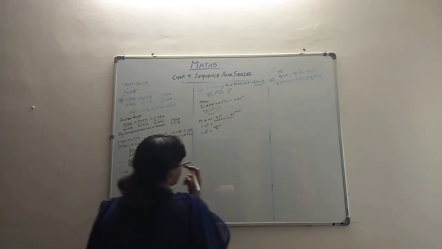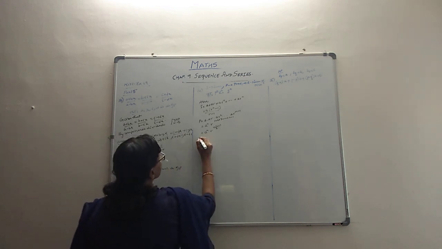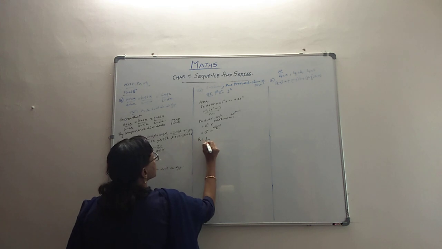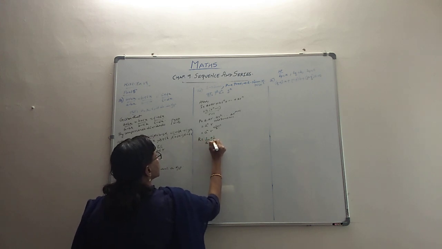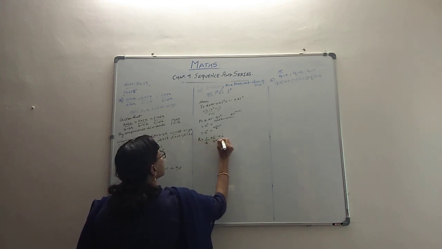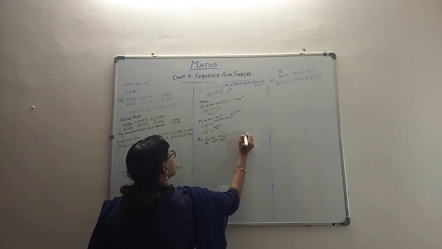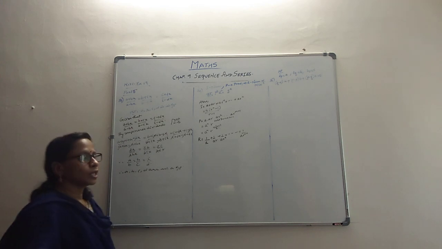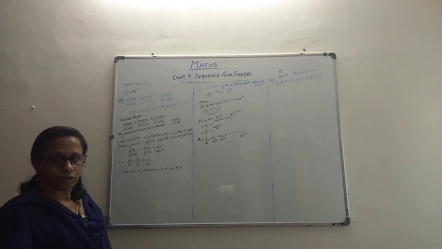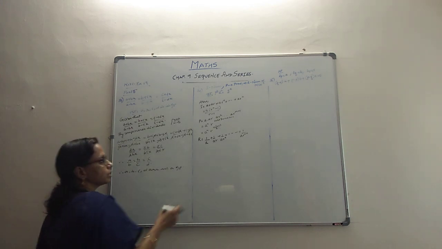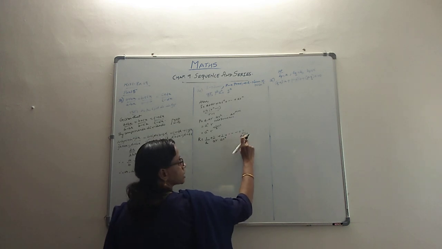We have got S, P, then R is the sum of reciprocals. That means 1/a, 1/ar, 1/ar squared, and so on, 1/ar raised to n minus 1. Now we cannot do anything over here till the denominators are equal. So let's equalize the denominator to the LCM, which comes up to this.